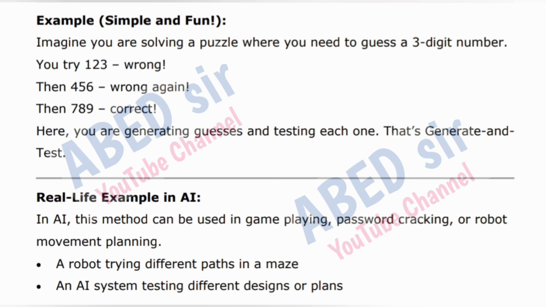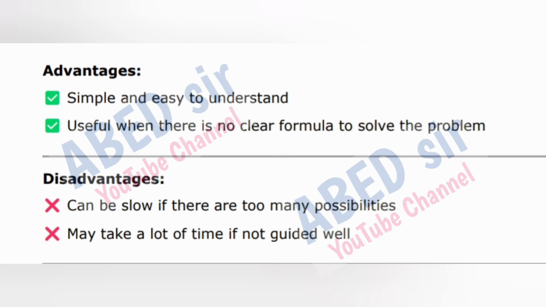Real-life example in AI. In AI, this method can be used in game playing, password cracking, or robot movement planning. A robot trying different paths in a maze. An AI system testing different designs or plans. Advantages: simple and easy to understand.